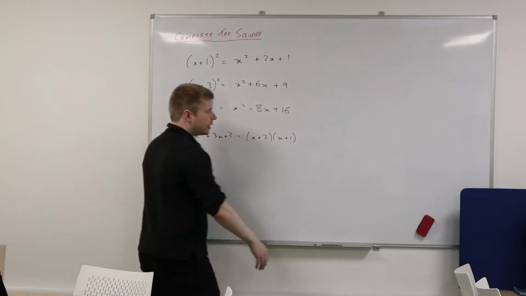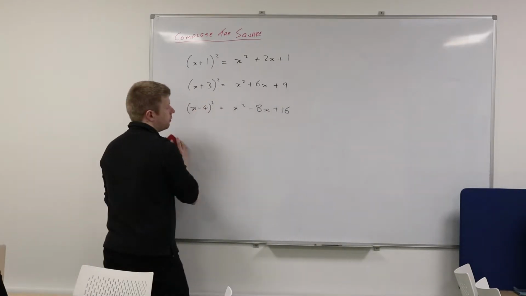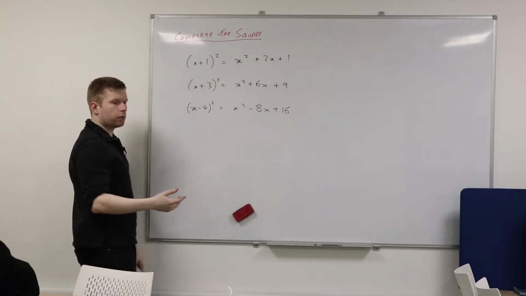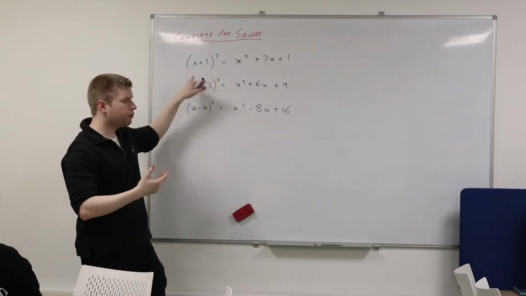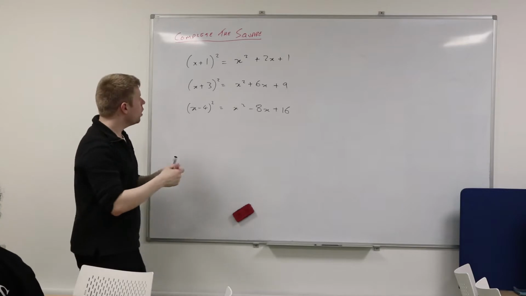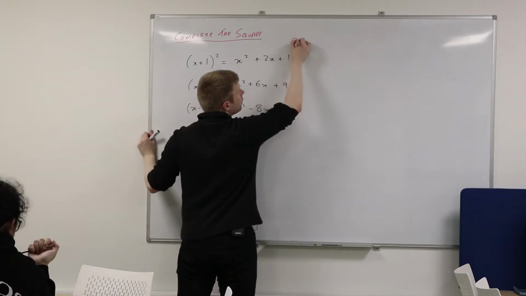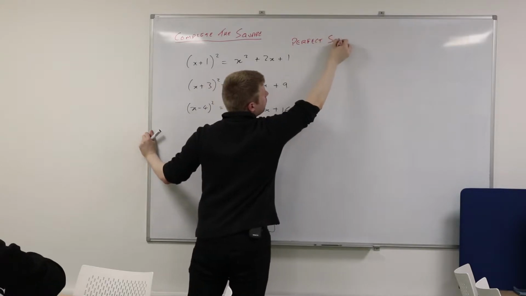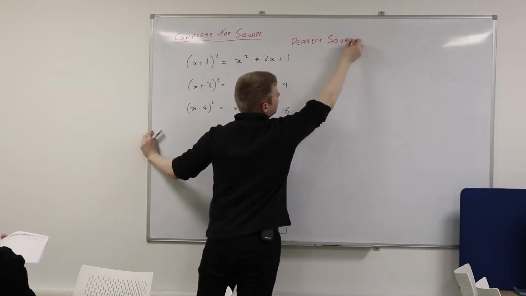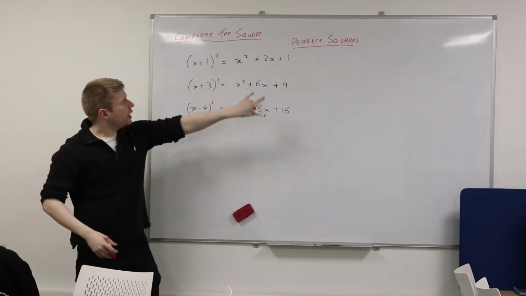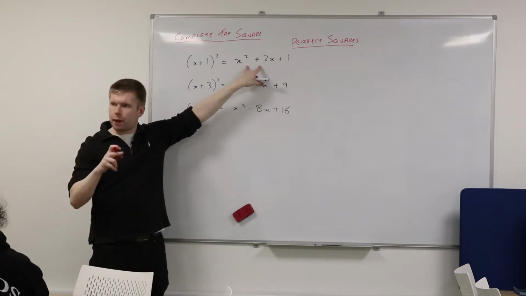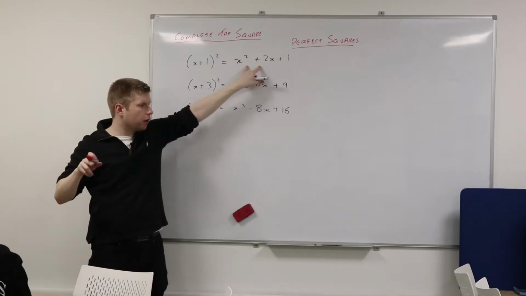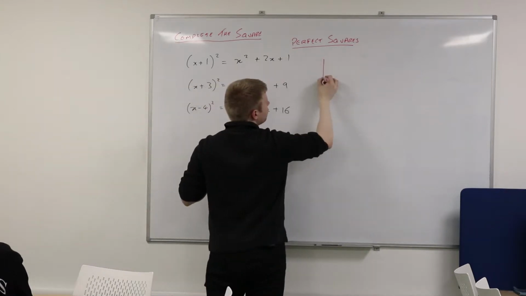Now we give that a special name. When we have a quadratic that can be factorised to something which just has one factor, squared, we call all of these perfect squares. If you think about it, that's because you can think about this in terms of the square I gave you like this.